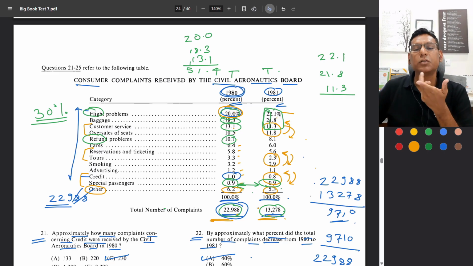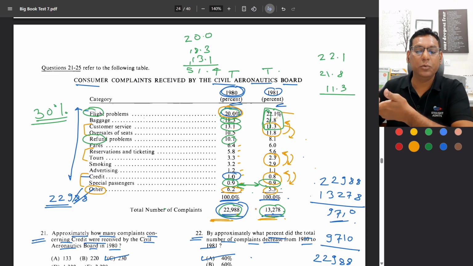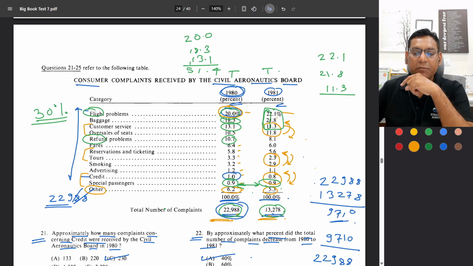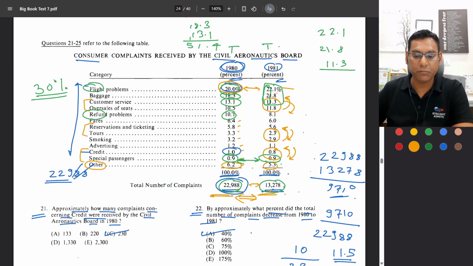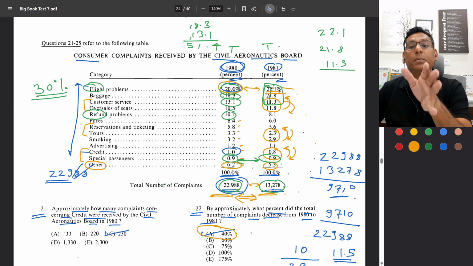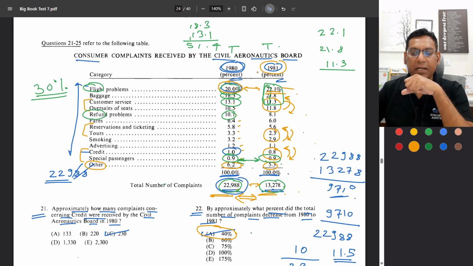The more concrete logical way to do that is that, see, these two numbers are very close, 20%, 22%, but the bases are very different, right? I think we found out there were 40% less in this question, correct? So this number is in fact much lower. In 1981, this number is much lower than this number.